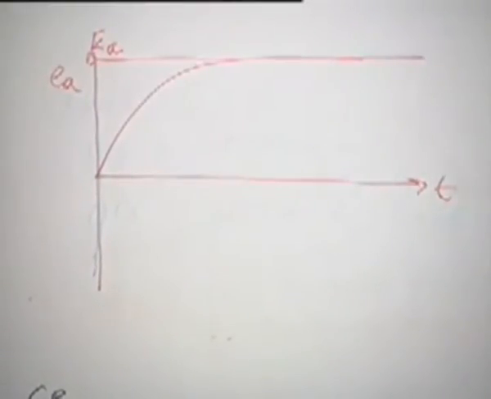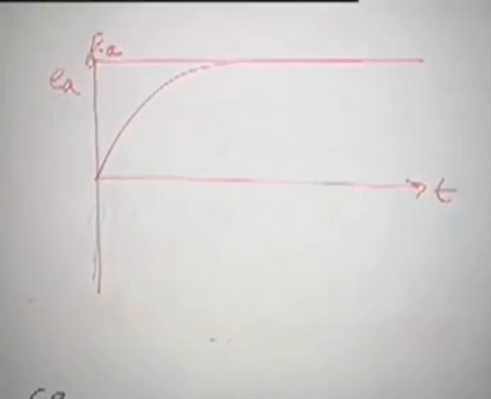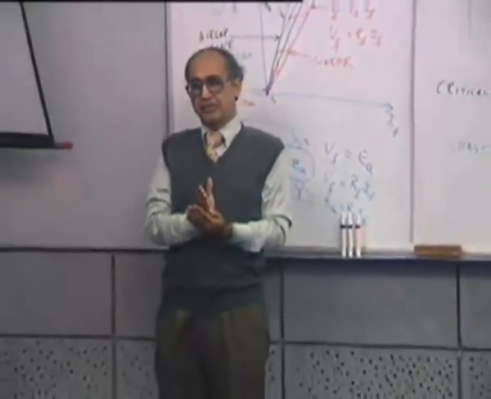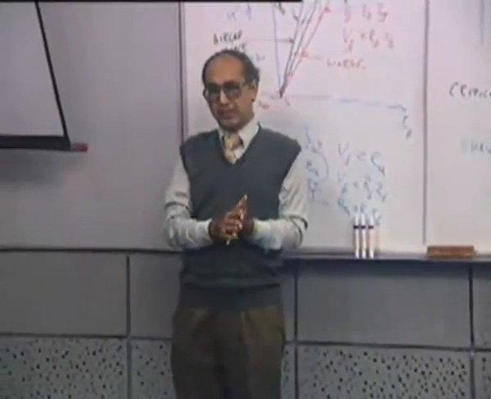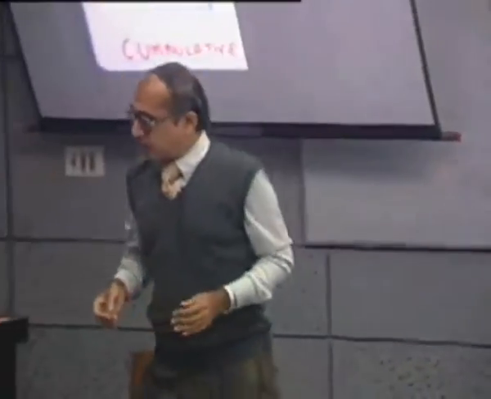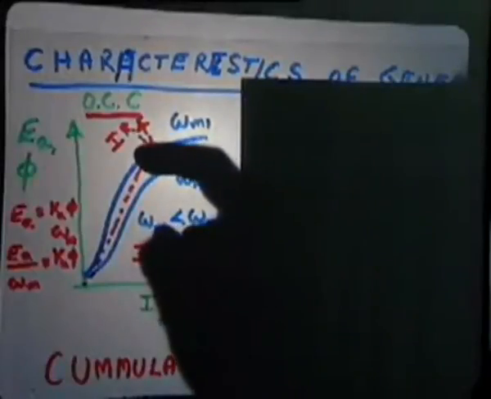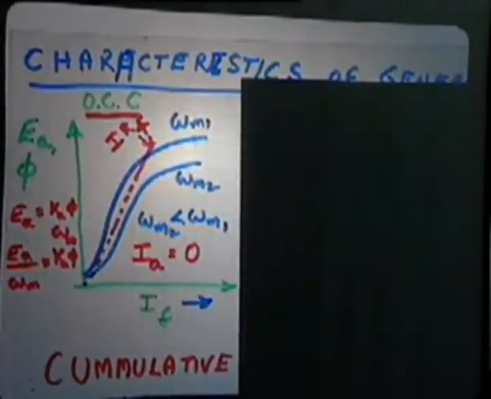This is the process of self excitation. Now it is important, the critical field resistance is important, so that you choose the right value of resistance. So we come back to this curve, we have the field resistance, so it will touch different points.